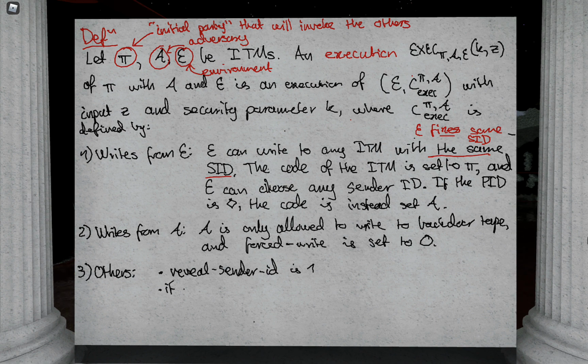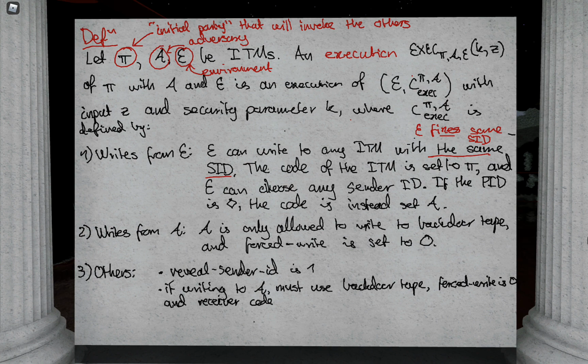And if the protocol is writing to A, it has to use the backdoor tape. And forced write has to be 0. So in other words, the protocol can't spawn a different adversary. And the receiver code is unspecified. So if it's communicating with the adversary, it doesn't get to dictate what the adversary can do.